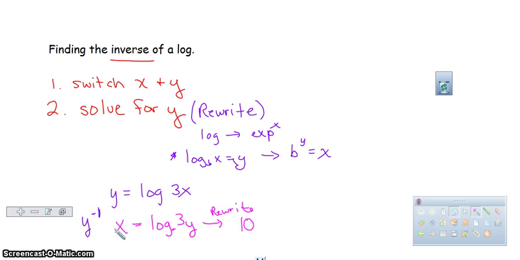To the exponent, well, the exponent is right here, x, 10 to the x, equals the number 3y. And now, just simple algebra, y is going to equal 10 to the x over 3. There you go. This is the inverse of log of 3x, it is 10 to the x divided by 3.